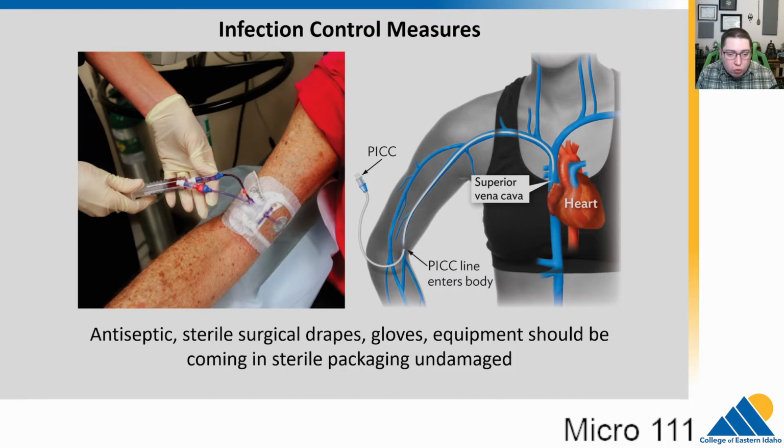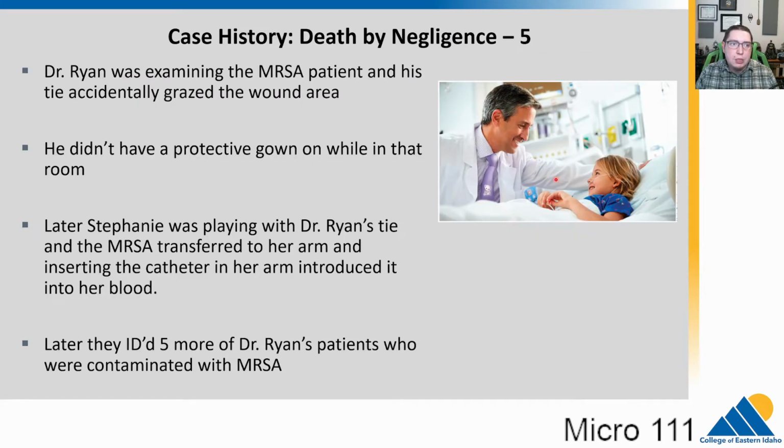Sterile surgical drapes, gloves, things like this, all need to come from sterile packaging, making sure the packaging hasn't been broken, because this is a very short route from this catheter here to the heart and the rest of the body. And septicemia, infections of the blood, travel quite quickly and can be very dangerous.